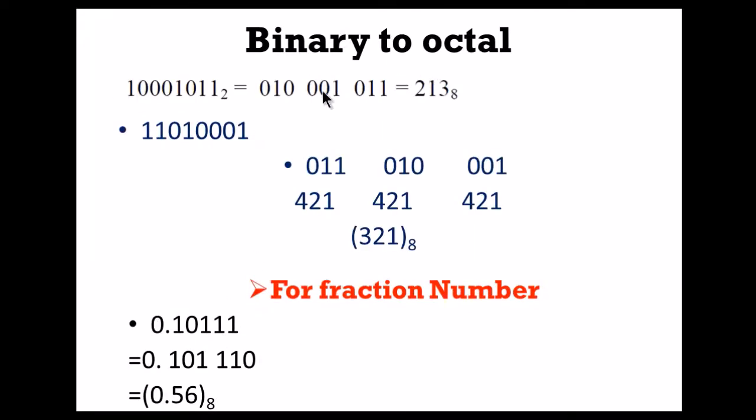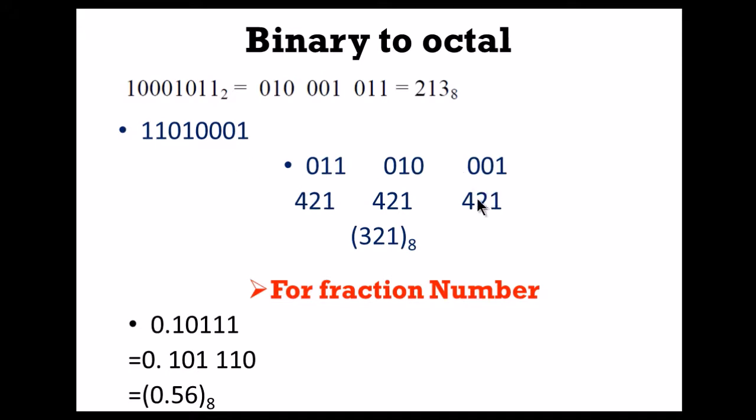Binary to octal. Suppose we have a number which is 1101000001, and if we want to convert it into the octal number, then we have to divide it in groups of 3. So we are starting from the LSB: 001, 000, 101, then 011.